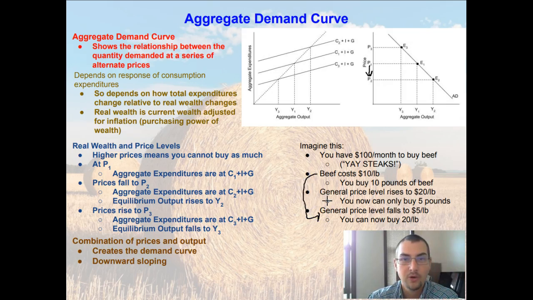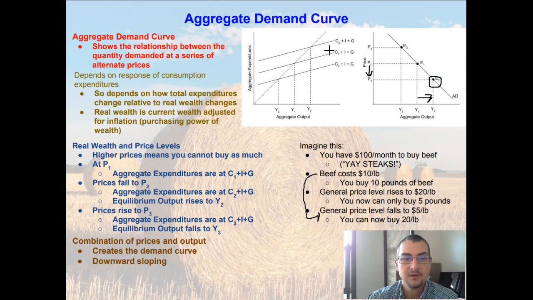Well, if the purchasing power of that real wealth increases, meaning you can buy more physical goods with the same amount of money, guess what happens? Our output increases from Y1 to Y2, and our equilibrium now increases.